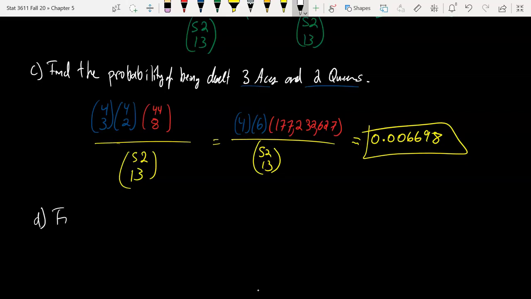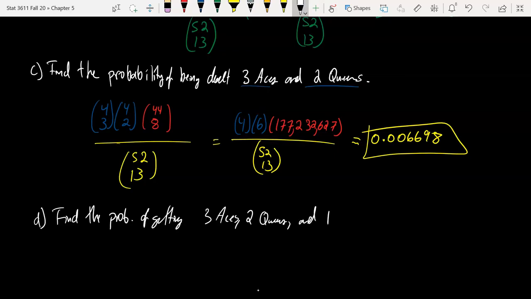So you could say, let's find the probability of getting, well, here, let's just add to this. Let's say 3 aces, 2 queens, and 1 five.